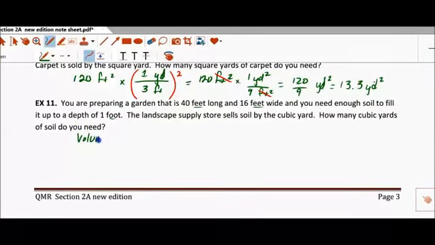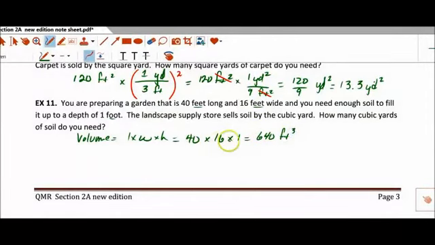The volume, we know, is length times width times height. So I've got 40 times 16 times 1, which is going to give me 640. That's cubic feet because I multiplied feet times feet times feet.